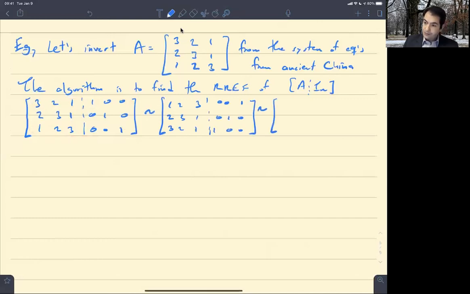Next, we would use this pivot to clean up the rest of its column. So nothing happens to this row. This row would end up as 0, minus 1, minus 5. And here's 0, 1, minus 2. This one would end up with 0, minus 4, minus 8. And here 1, 0, minus 3.